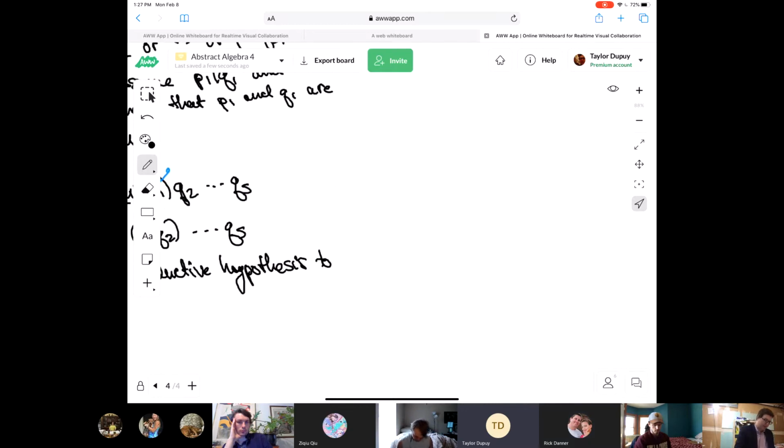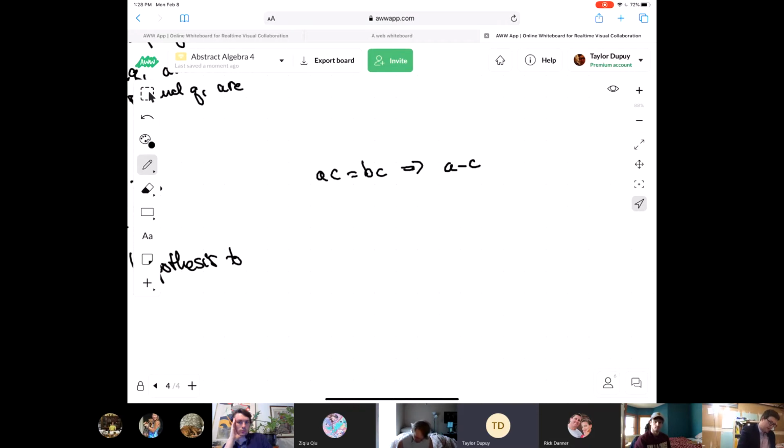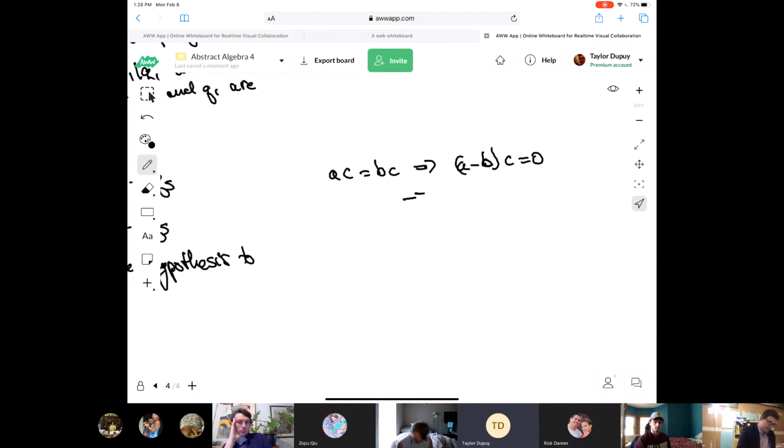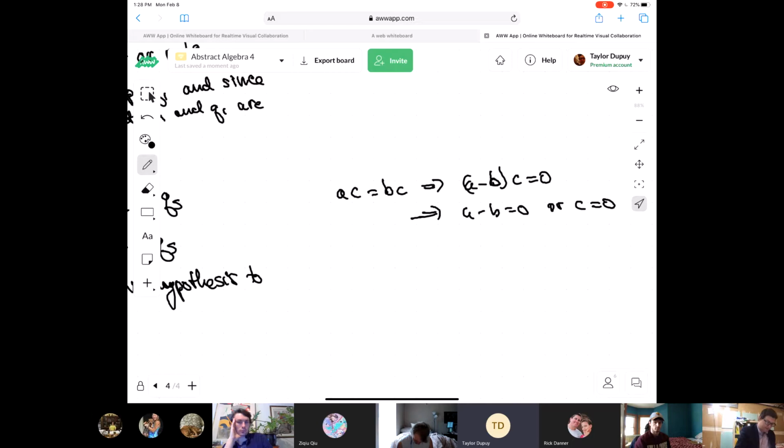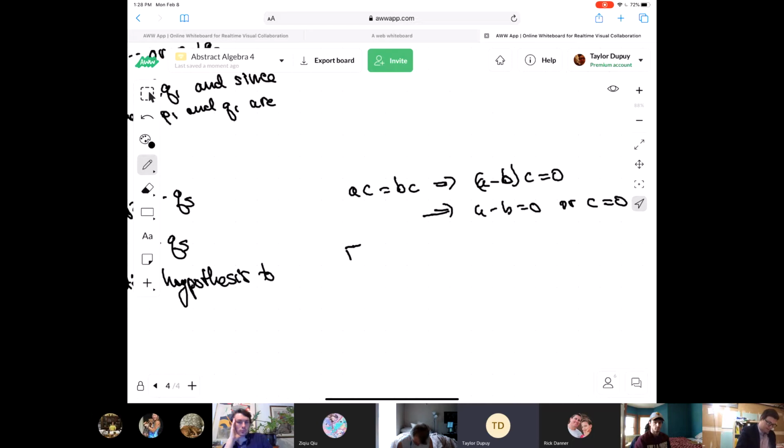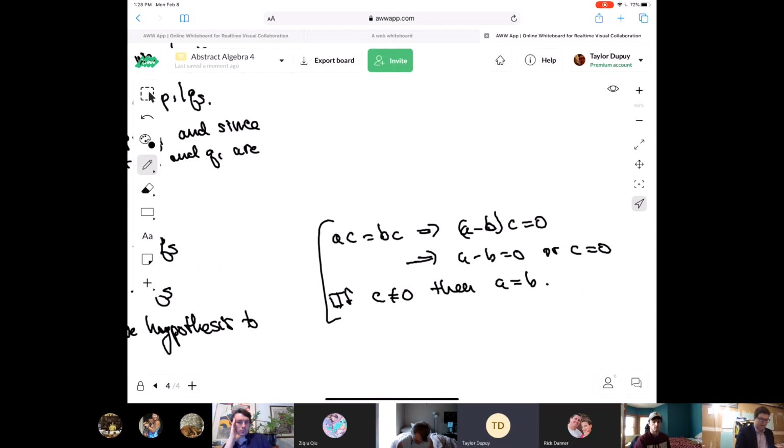So here, if you have AC is equal to BC, this implies that (A minus B) times C is equal to 0, and so this tells us that A minus B is equal to 0 or C is equal to 0. So this is what allows you to cancel. Since if C is not equal to 0, then A is equal to B. So this proves the cancellation law.